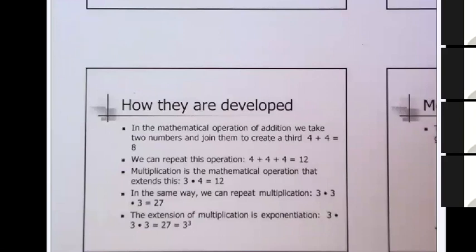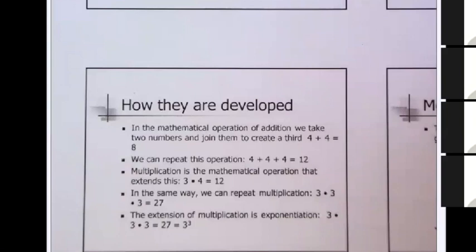Well, after that, we got to repeated addition, and we found out that repeated addition could be simplified by using multiplication. So we switched from repeated addition to multiplication. Well, if you do repeated multiplication, we can write that as an exponent. So we kind of have this whole development of what our math classes look like.